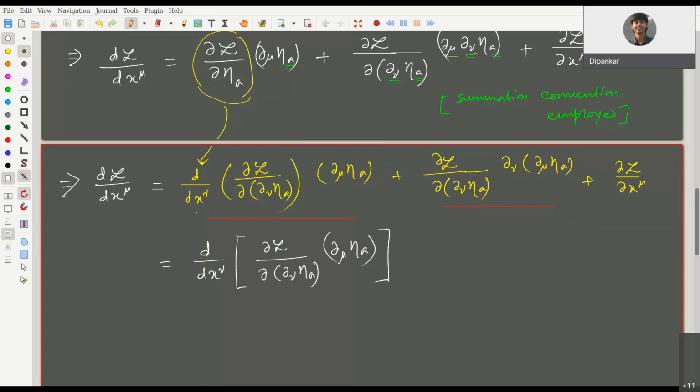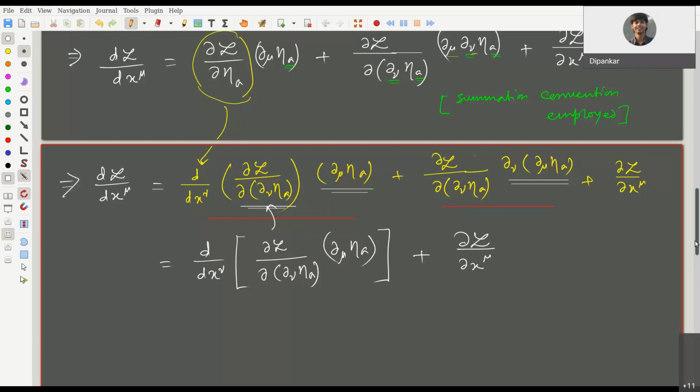The first term is the derivative of this term times the second function unchanged, and the second term is the derivative of the second function and the first function unchanged. Okay, and then it is plus del L del x mu.